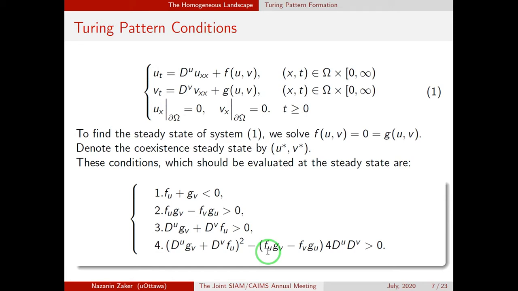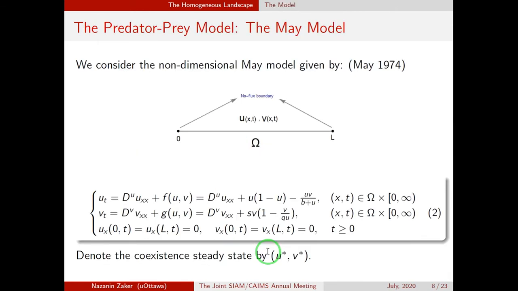Here, we focus on one of the most famous predator-prey models, which is called the May model. We have this non-dimensional May model, and our domain, our landscape, is denoted by omega, with population density for prey denoted by U and for predator by V. Then we have the following reaction diffusion equations that describe movement behavior and population density for our prey and predator.